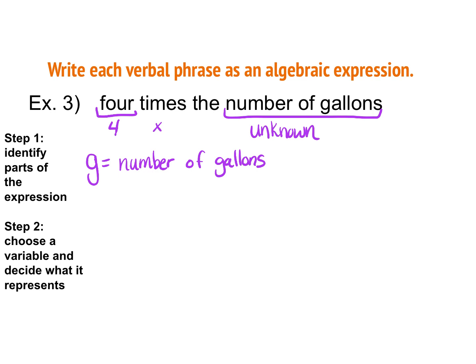Then it's 4 times G. Now, I don't want to put 4 times G with an x because this looks like 4xG. Remember, we're working with algebraic expressions. We want to get rid of that x. So instead, you could put 4 times G with a dot. The best solution is actually just to write 4G, and that is the best way to write that.